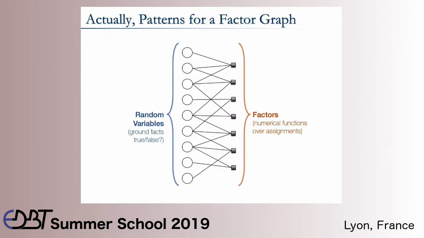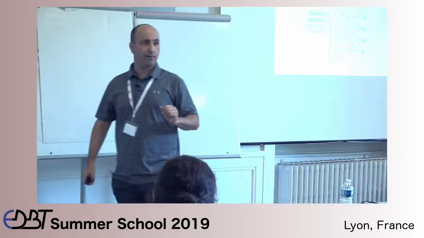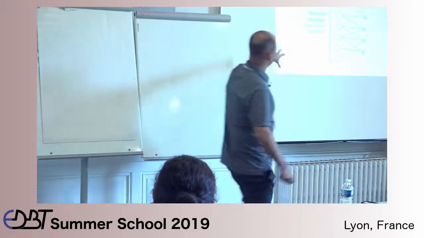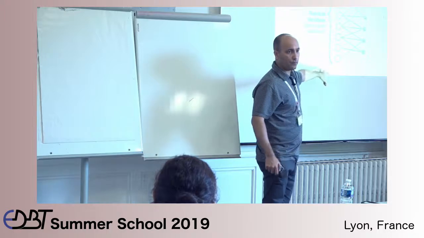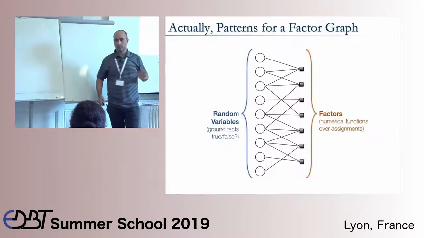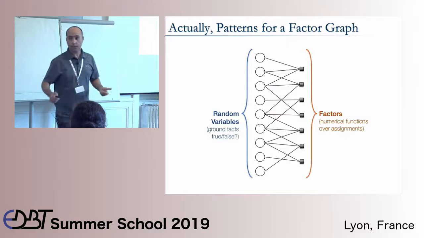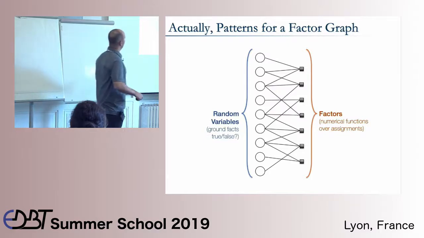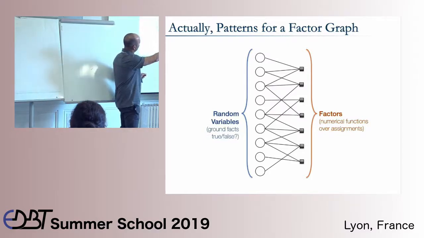If you think of what we've been doing here, then we have basically been building what is called a factor graph. A factor graph always has this structure. On the one side of this graph, you have the random variables, of which values we don't know a priori, up front. And on the other side, you have the factors.